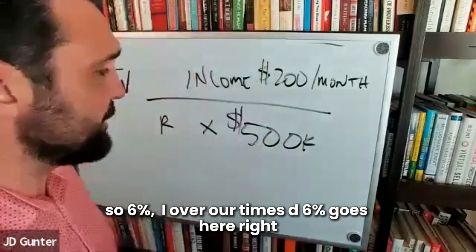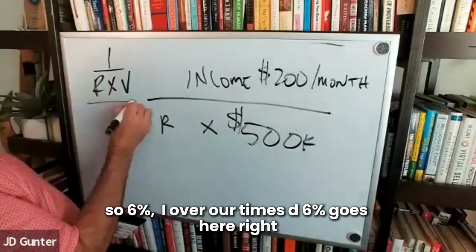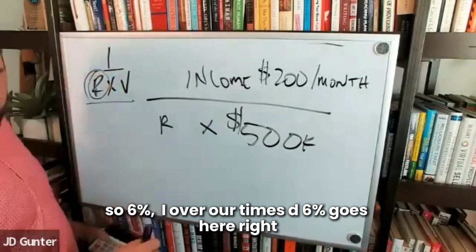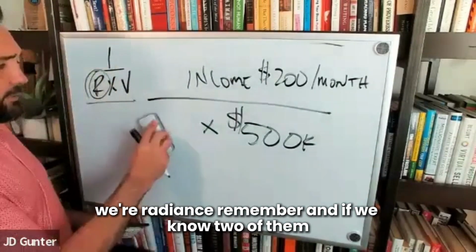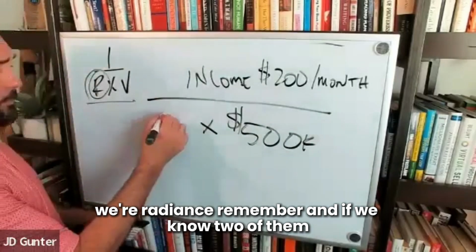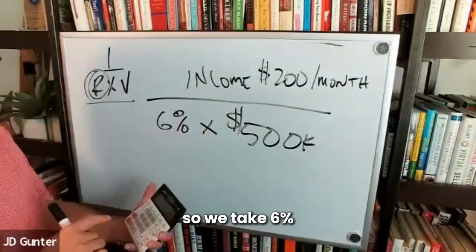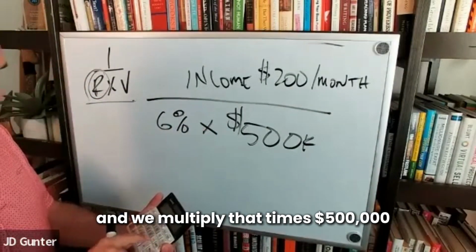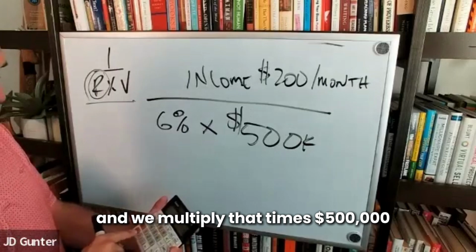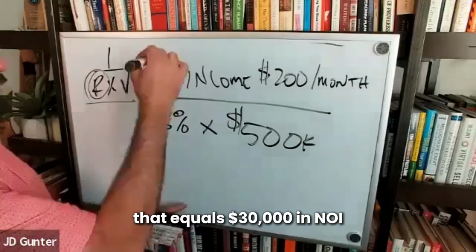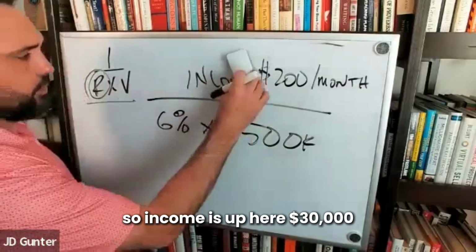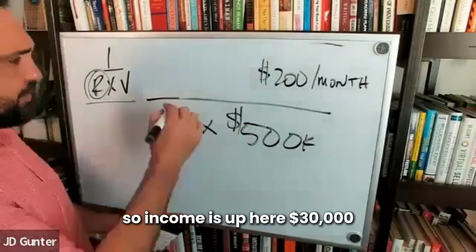Okay, so 6%. So I over R times V, 6% goes here, right where rate is. Remember, if we know two of them, we can calculate the third. So we take 6%, 0.06, and we multiply that times 500,000. That equals $30,000 in NOI. So income is up here, 30,000.